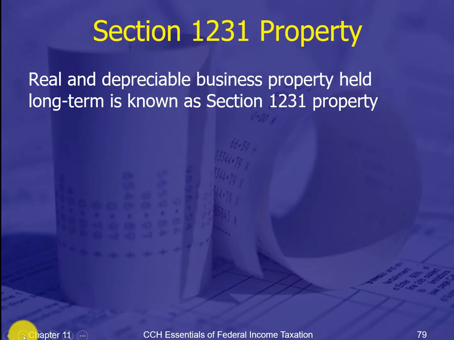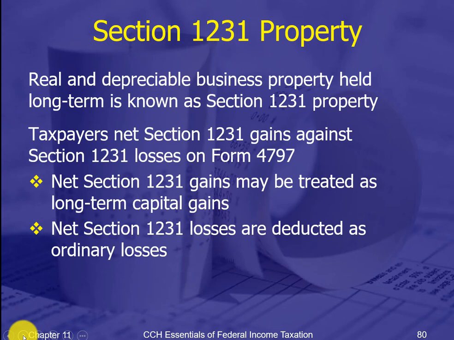Okay, Section 1231 property. This is everything that is depreciable in your business. So these are only business property we're going to talk about here for a little bit. Now, in order to encourage people to buy these assets, grow their business, so that they can hire more people, Section 1231 treats these business assets kind of the best of both worlds.